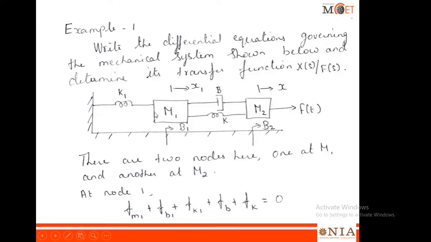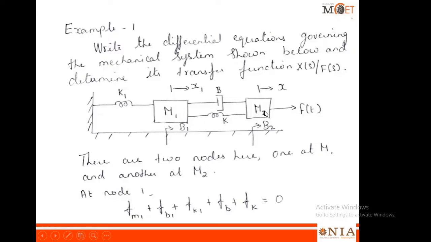That is K1, M1, B1, K and B. There is another node here, M2, for which you have 4 elements connected, that is B, K, M2 and B2. The displacement of this node is taken as x, and the displacement of node 1 is taken as x1. Now we will start to write the force balance equation for node 1 and node 2.